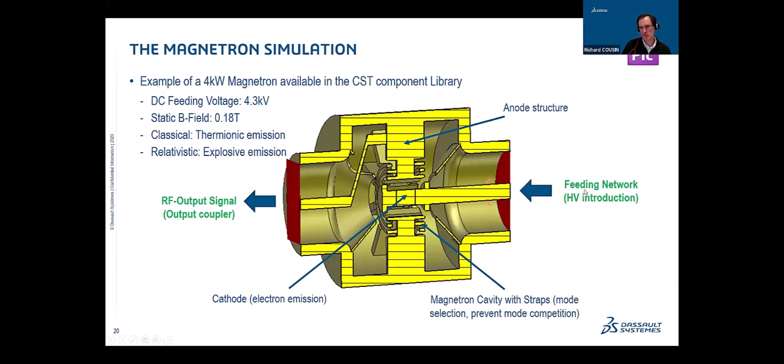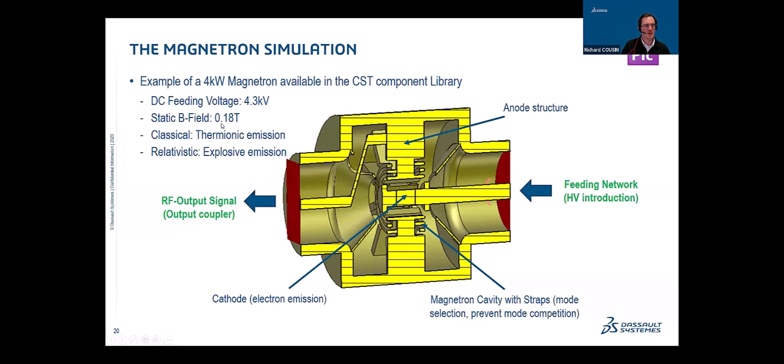You can introduce your input signal directly from the circuit simulations, connected to the 3D environment, and then do particle-in-cell co-simulations with the circuit environment. So you introduce your high voltage from here, and then you emit the particles from the cathode, which is there, to the anode structure, which also contains these cavities.